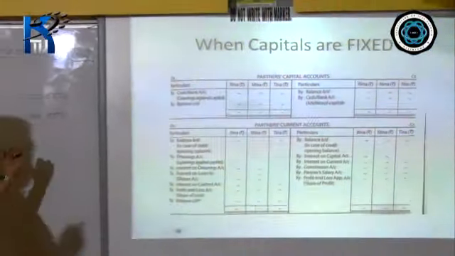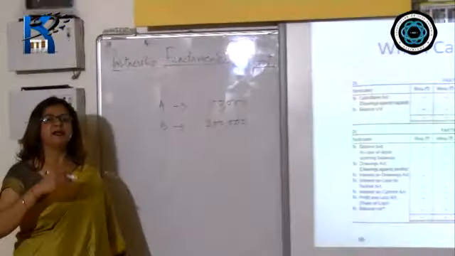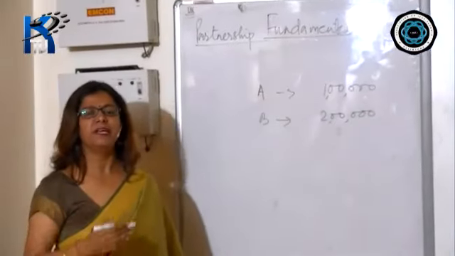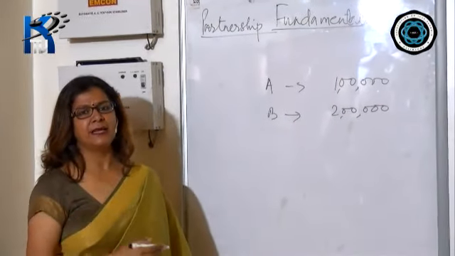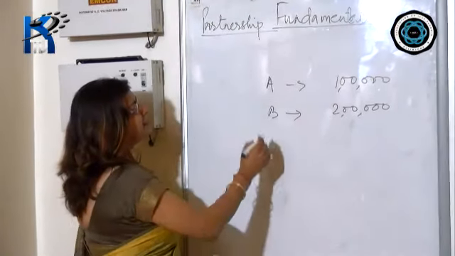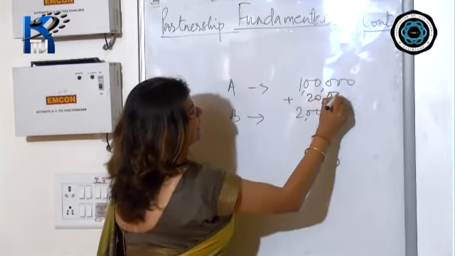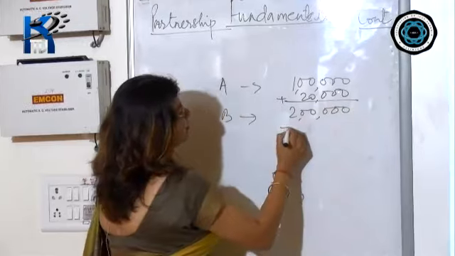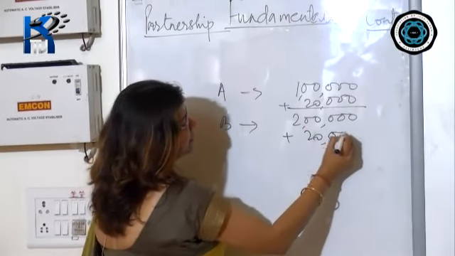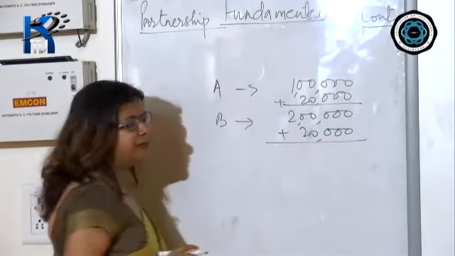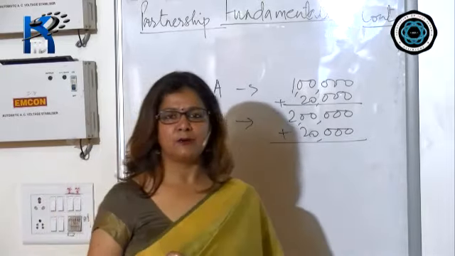Now, to continue with this, let's assume that during the year, they have further invested rupees 20,000 each. That means A, to his initial capital investment, has given 20,000, and B, to his initial capital investment, has also given 20,000. So this is also a part of capital.